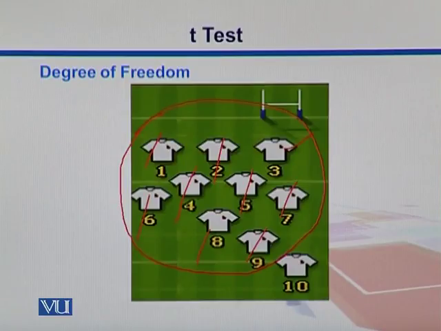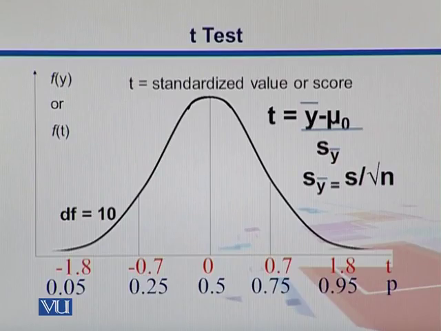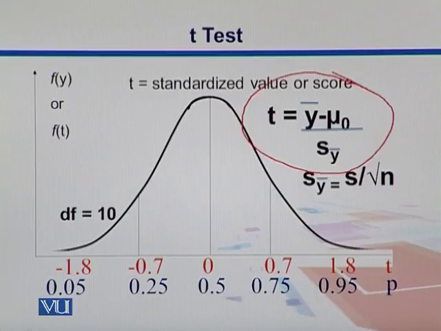So for example, for any sample where we came up with a sample mean, or for any observation y, for a sample mean we can have y bar. We can calculate t as t equals y bar minus mu naught, where mu naught is the population mean, divided by s y bar, like this equation over here, where s y bar is the standard error of the mean.